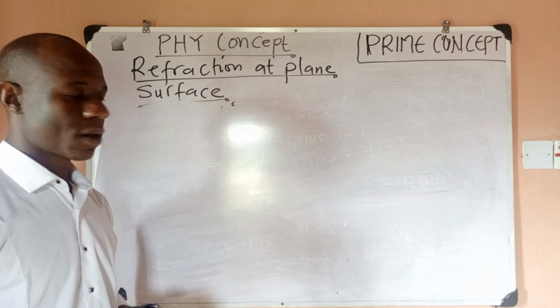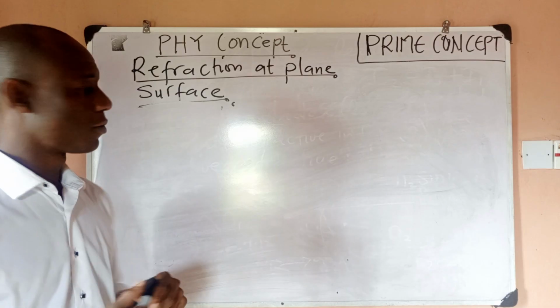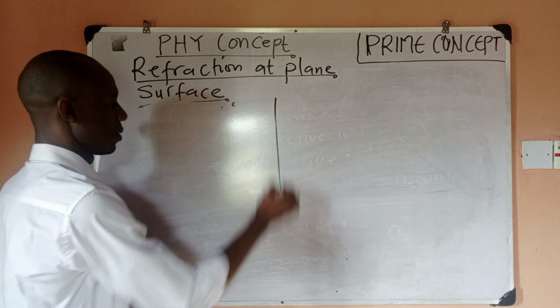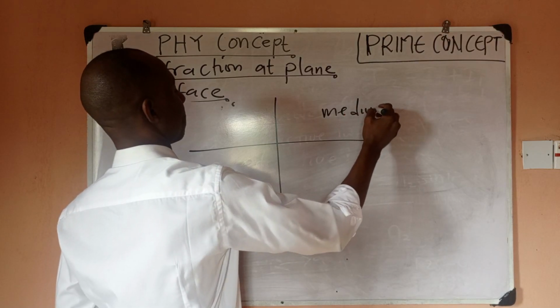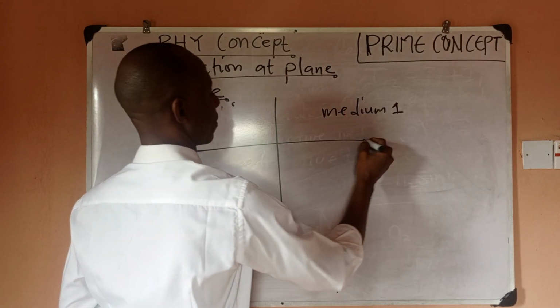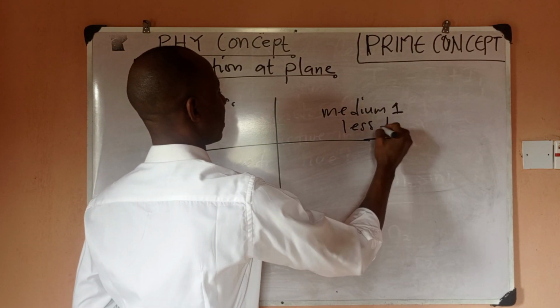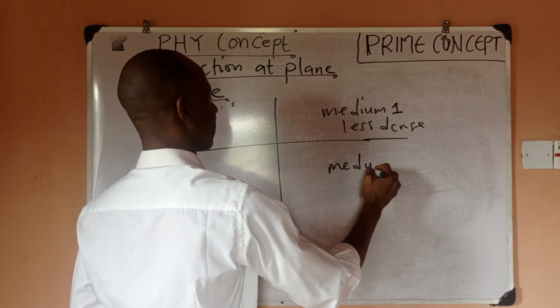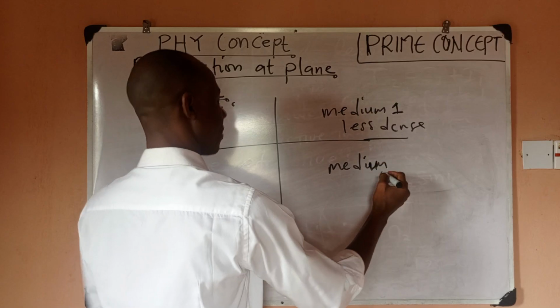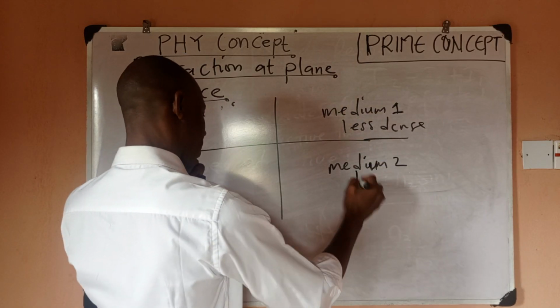Now, if light travels from medium 1, less dense, to medium 2, denser, of course.